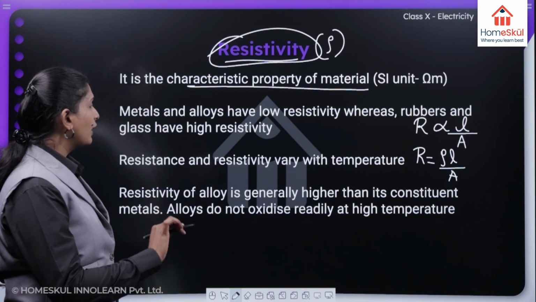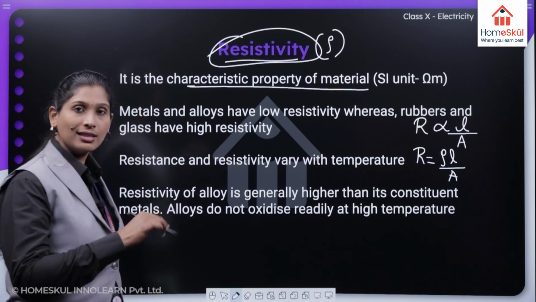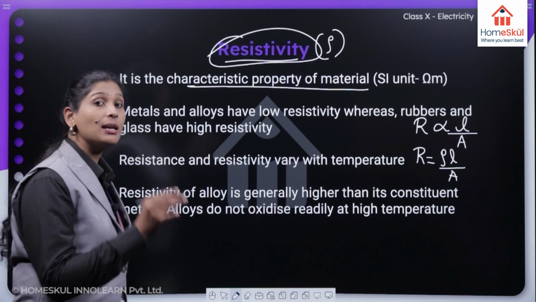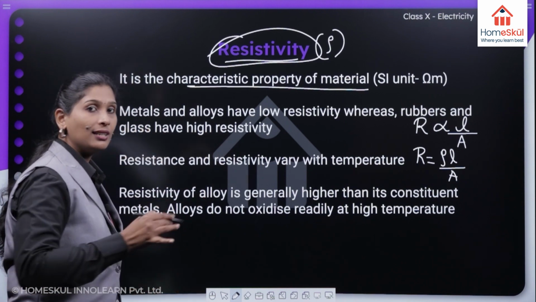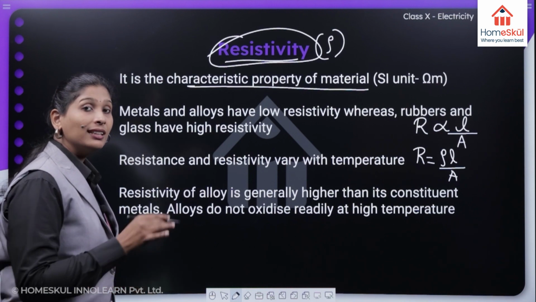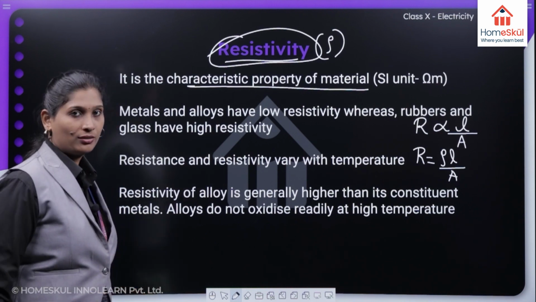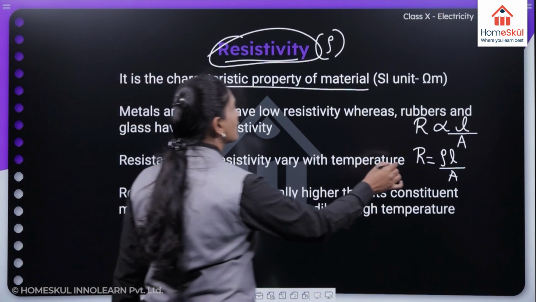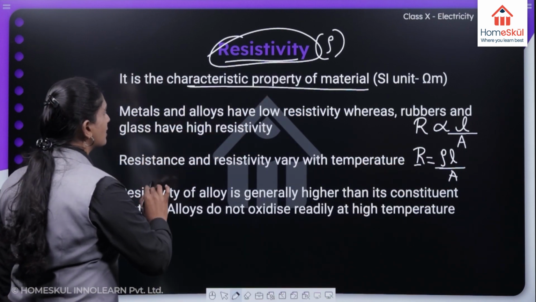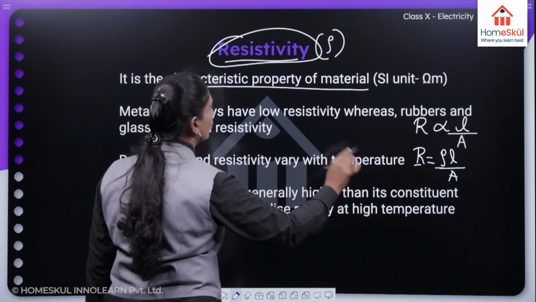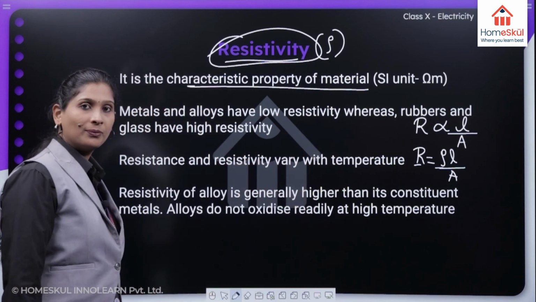Fine. Now, when you consider this rho, the resistivity, we could say that it is a material property. As the material varies, rho also varies. And it is also dependent upon temperature. So, we can conclude that the resistance and resistivity both vary with temperature.